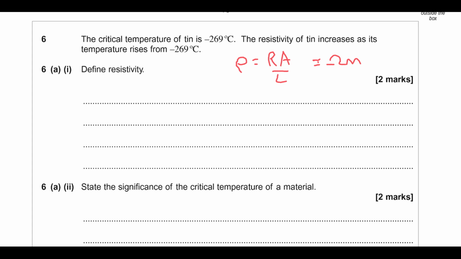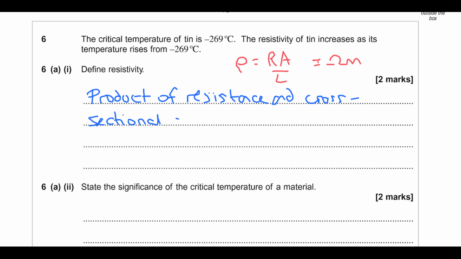So essentially it's going to be the product of resistance and cross-sectional area divided by the length of the conductor.